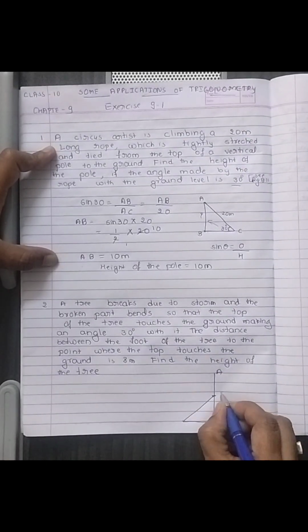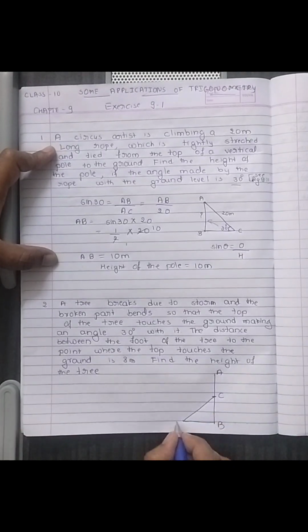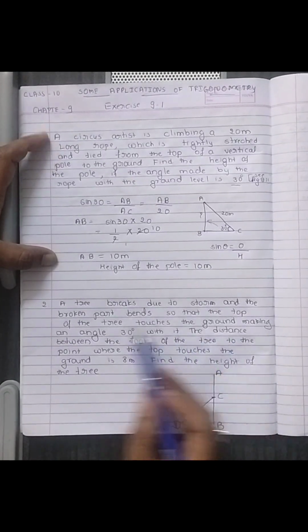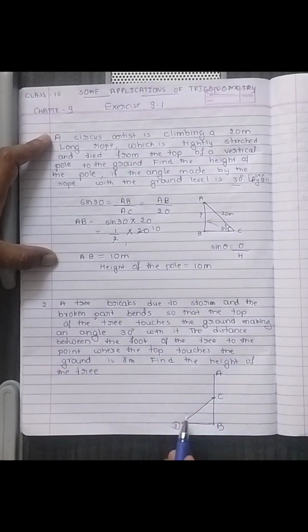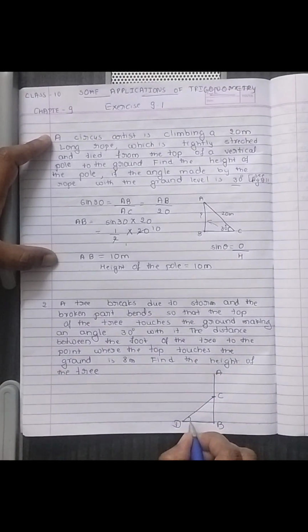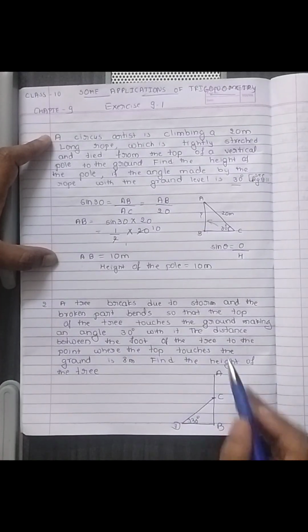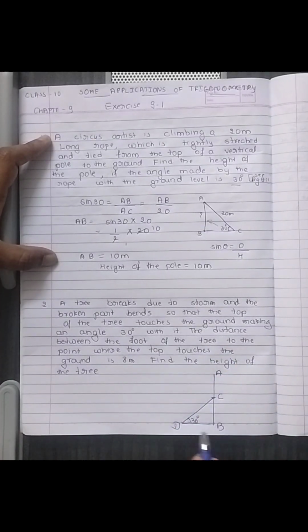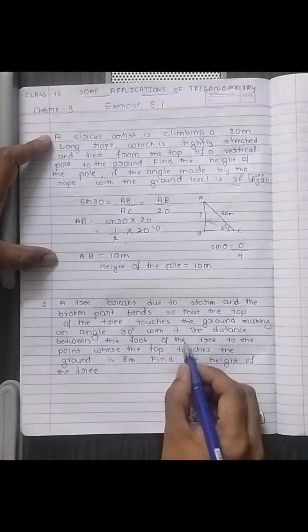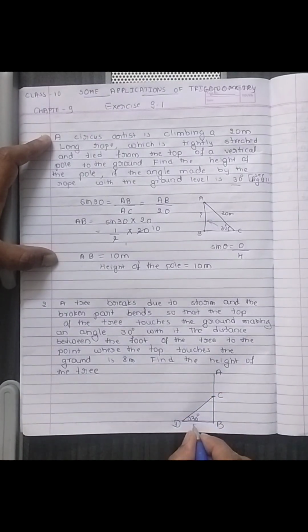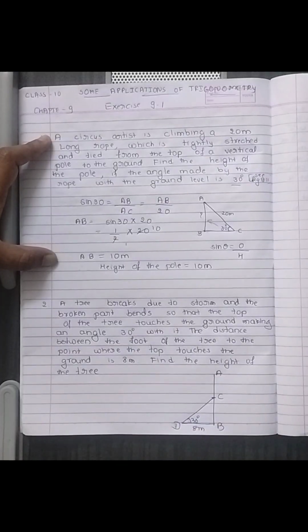It breaks at the point C and touches the ground at the point D, making an angle of 30 degrees with it. The distance between the foot of the tree and the point where the top touches the ground is 8 meters. So BD is given as 8 meters.